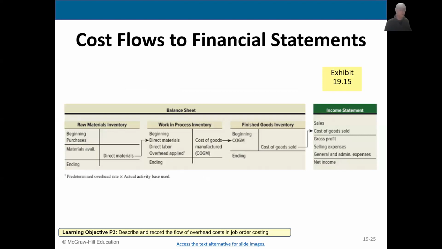Remember, we need to follow the physical flow of the cost. We started with raw materials inventory. How do we get that? We had to purchase it. Okay. I requisitioned the raw materials inventory into work in process. I added in direct labor and applied overhead.